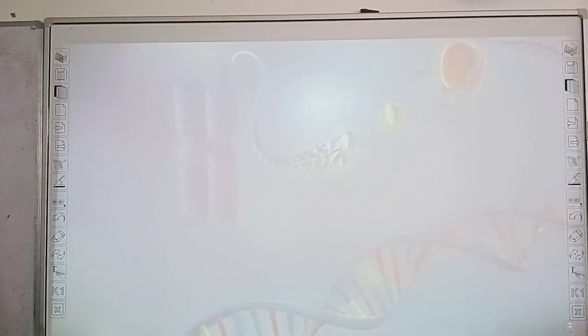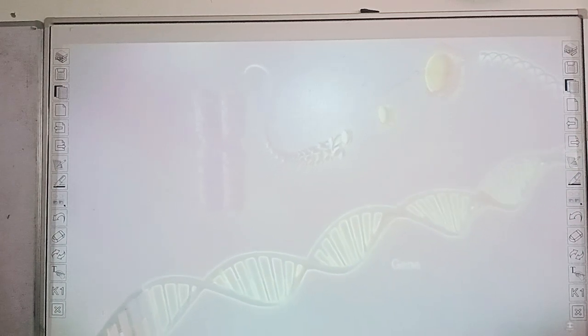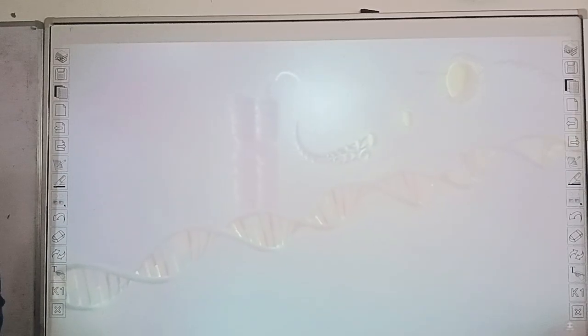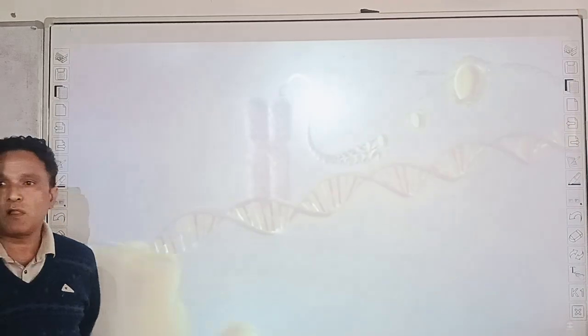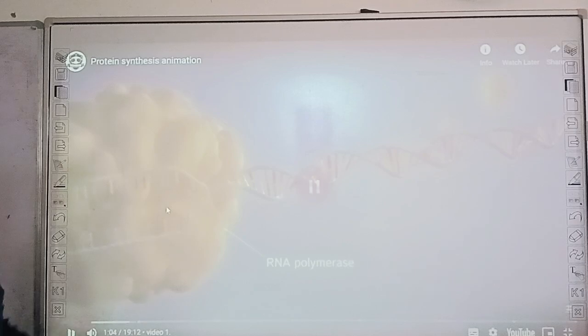What happened? Within the DNA are sections called genes. These genes contain the instructions for making proteins. When a gene is switched on, an enzyme called RNA polymerase attaches to the start of the gene. Which process? Transcription.